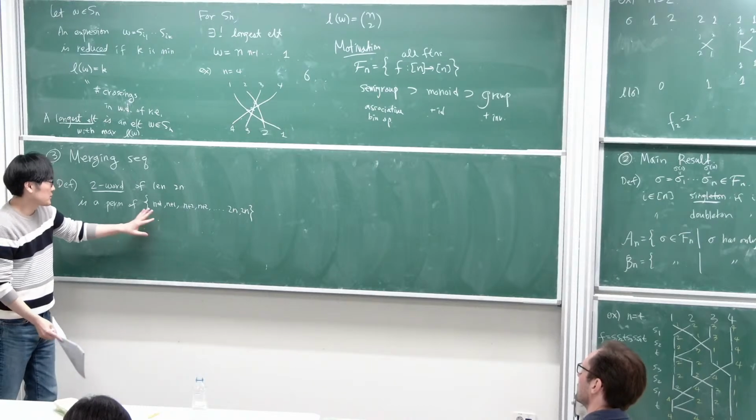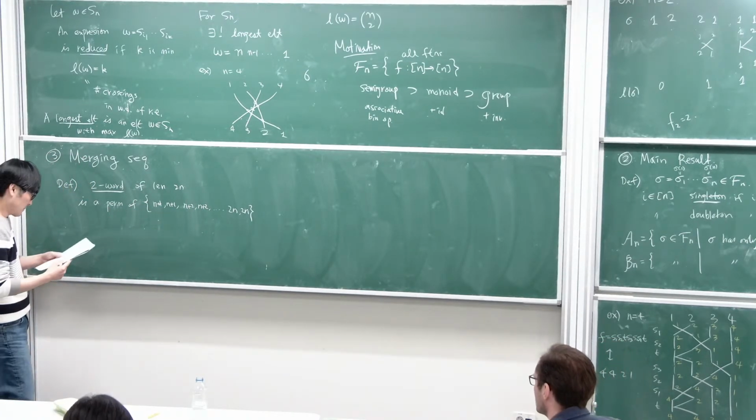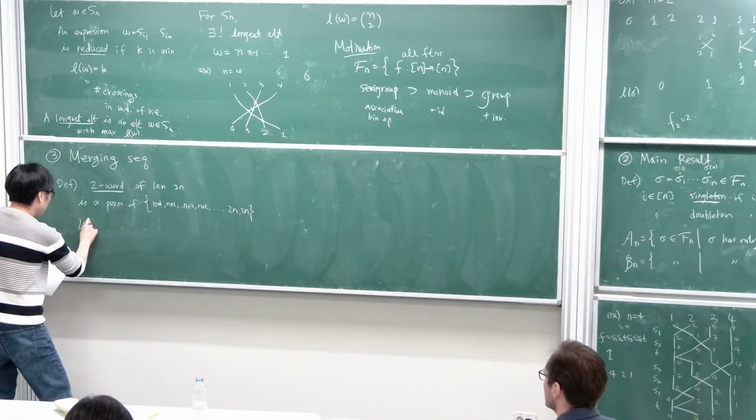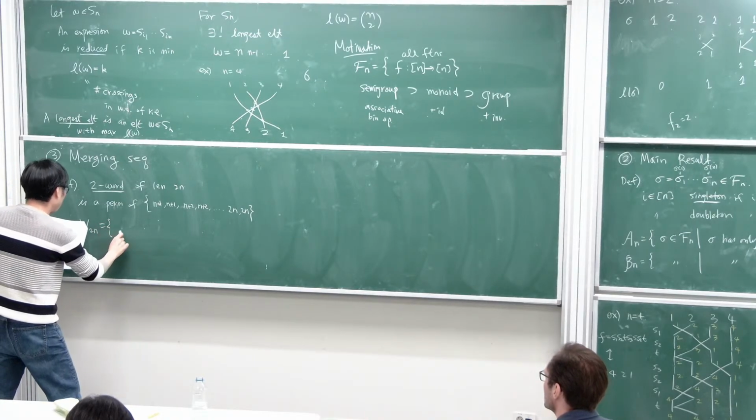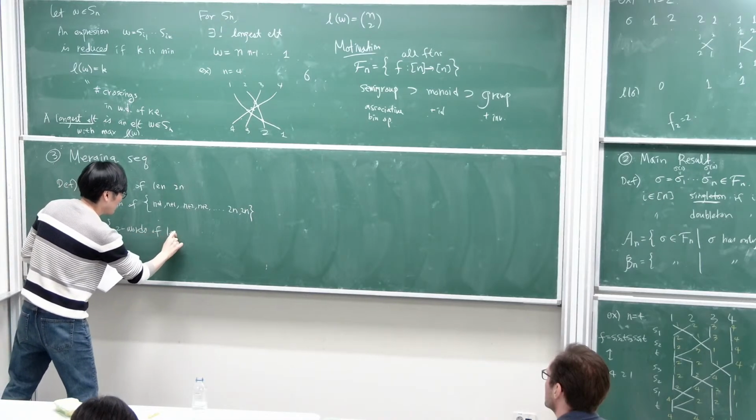It's a multiset, so we rearrange them, and that's a two-word. And W_2n is going to be the set of all two-words of length 2n.